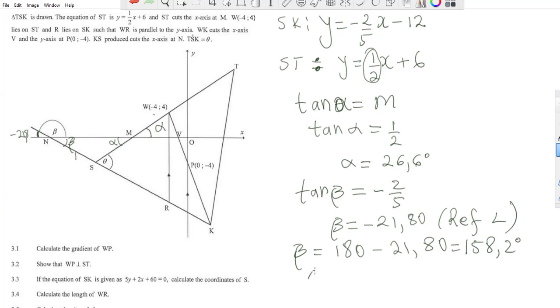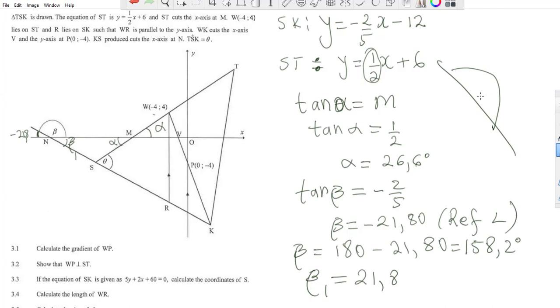Okay, so this is beta. So beta 1 will be 21.8, which should be positive. So this is the angle. Even when you look here, this is a straight line, and the angle of a straight line is 180.